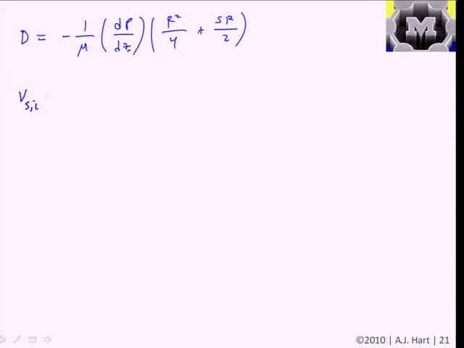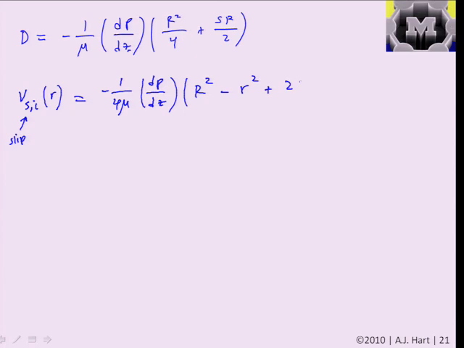would get that the velocity for slip flow, S, in the case of still incompressible flow, is minus 1 over 4 mu, and we still have the pressure gradient, times r squared minus little r squared plus 2 SR. So the slip coefficient, like the slip length, has units of length, and therefore all that's effectively been done is we've added another term here that corresponds to the contribution due to slip.